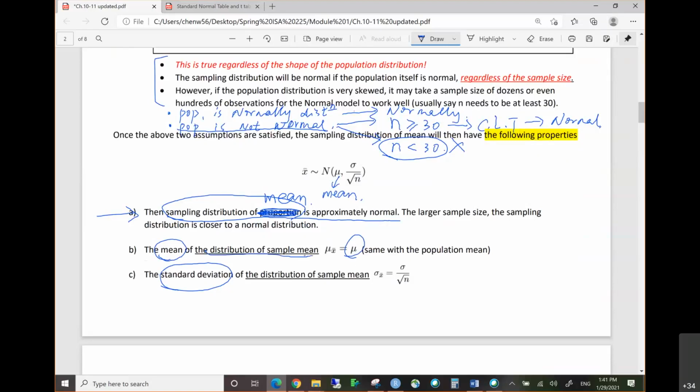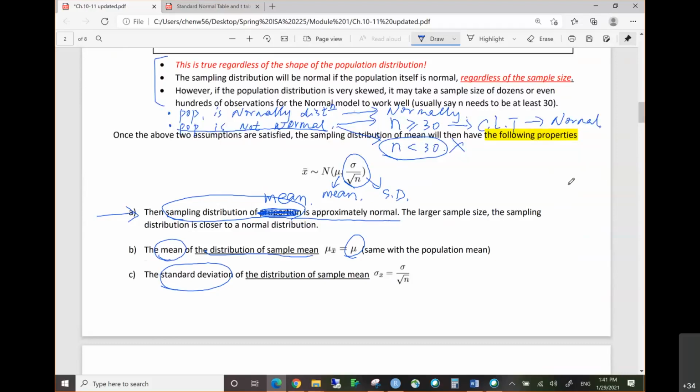What is the standard deviation of this normal distribution? It will be sigma over square root of n. So this is the standard deviation of this normal distribution.